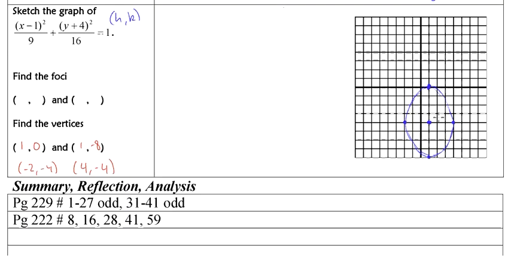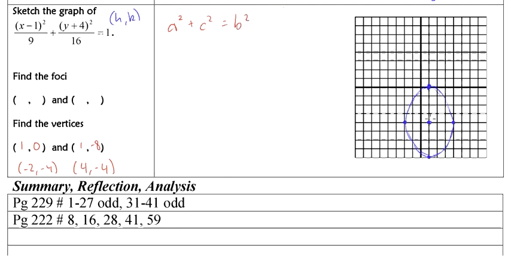Our foci are going to be at, well, we'll have to go through and actually do the work on this, and hopefully you can look at this and be reminded. So c, the distance to the foci, squared plus the length from the center to the vertices along the minor axis squared is equal to the length from the center to the vertices along the major axis squared.